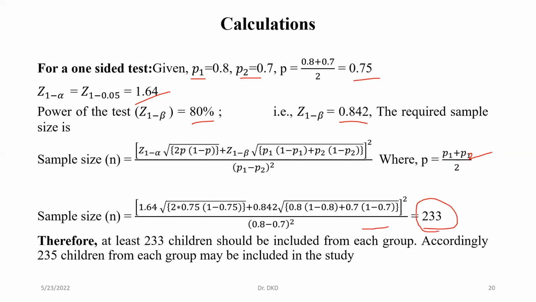That means at least 233 children should be included from each group. Accordingly, 235 children from each group may be included in the study.